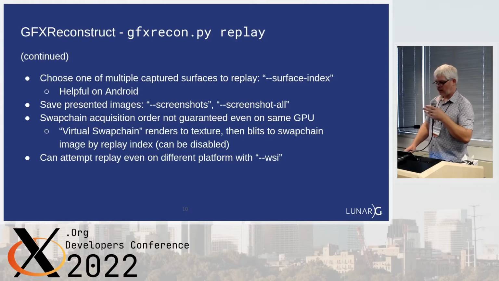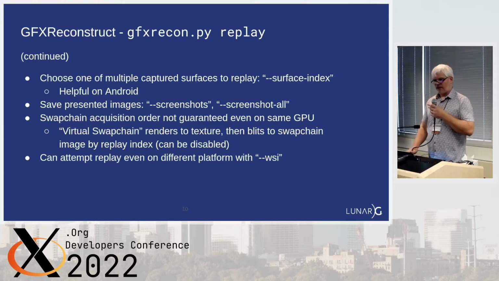When the application is being captured, it's setting up all of its rendering state and all of the rendering targets using these handles, but those are not necessarily linked to the index that's returned from acquire. So when you do the replay, it may actually render the wrong thing, because we're filling up all the data and rendering into a render target and then acquiring something different and presenting that to the screen. So virtual swap chain virtualizes that access.